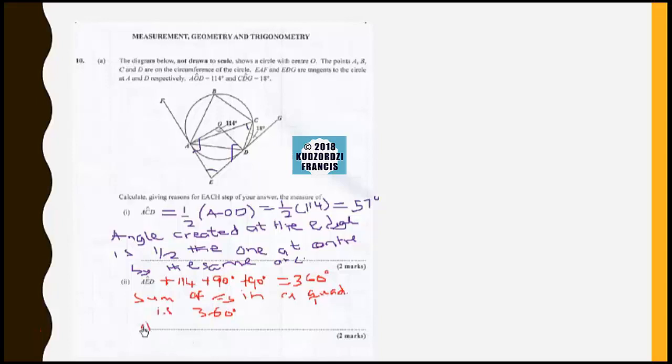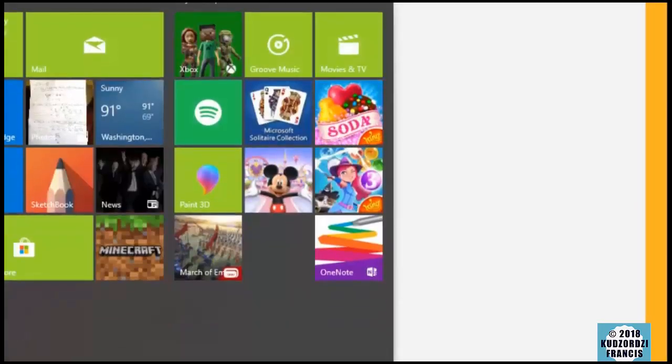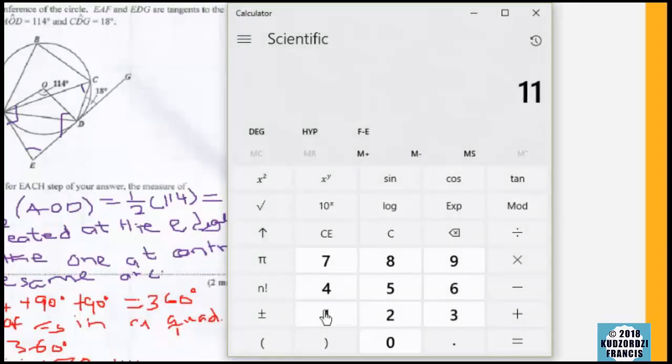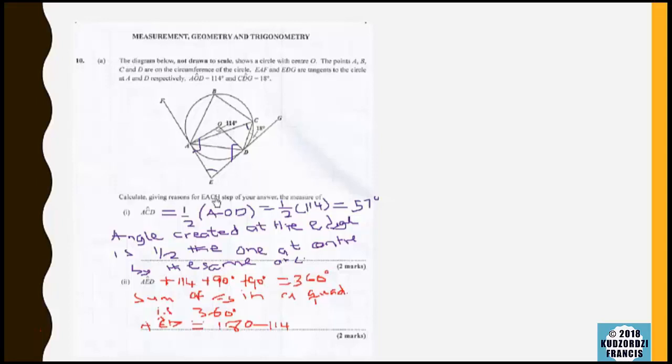So we have angle AED equal to 180 minus 114. 180 minus 114 will give me 66 degrees. So this angle over here is 66 degrees.